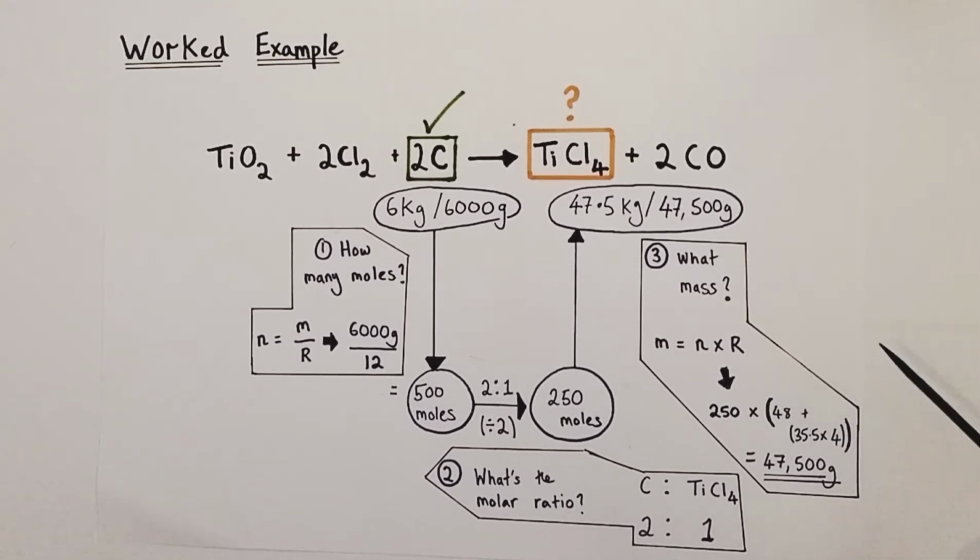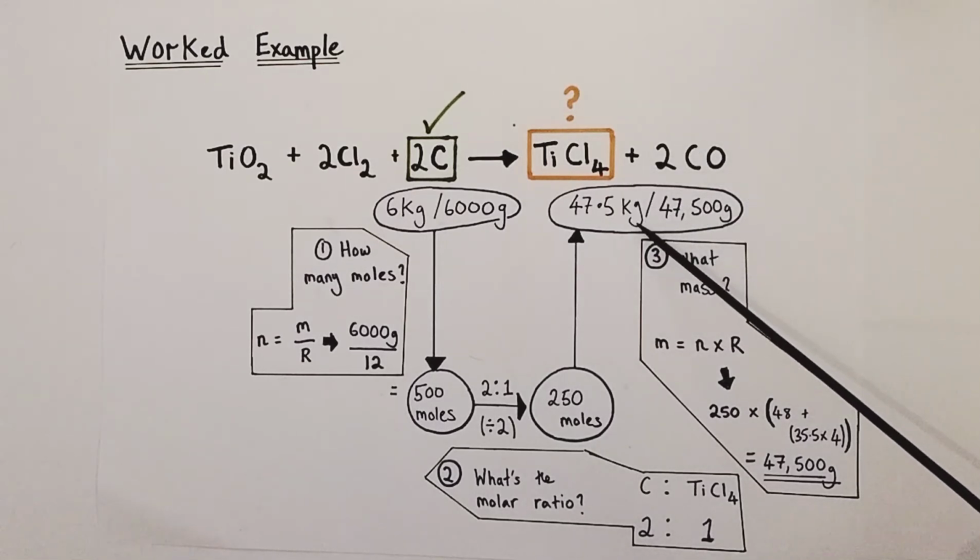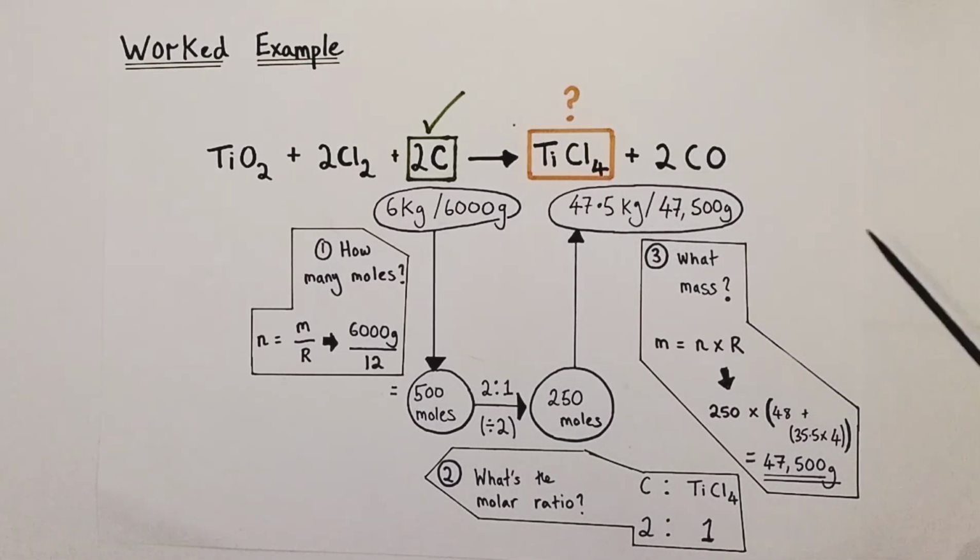That's 48 as the relative mass of titanium, and 35.5 for 1 chlorine, multiplied by 4 because the formula contains 4 chloride ions in it. So 35.5 times 4 plus 48, times 250, gives us 47,500 grams worth of TiCl4. In other words, 47.5 kilograms of titanium chloride could be formed if this reaction was perfect.